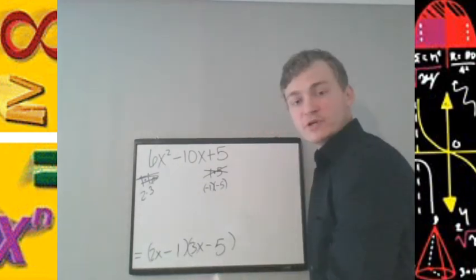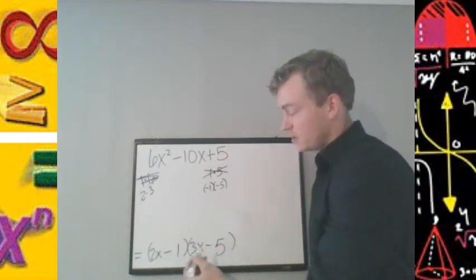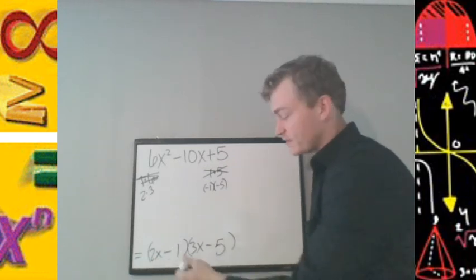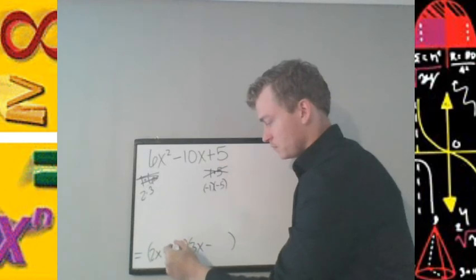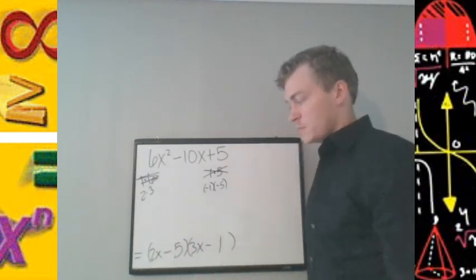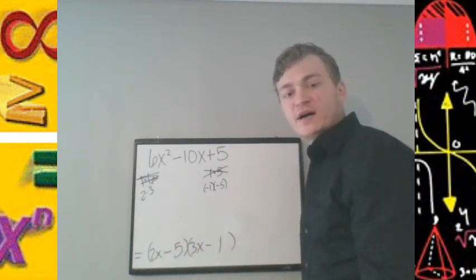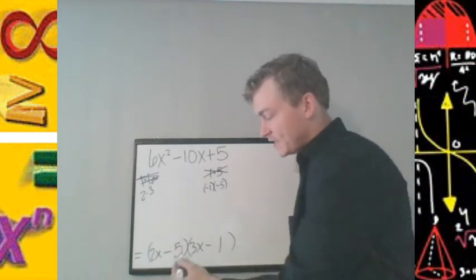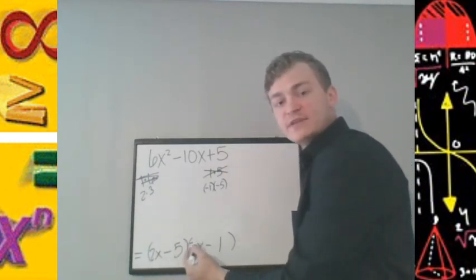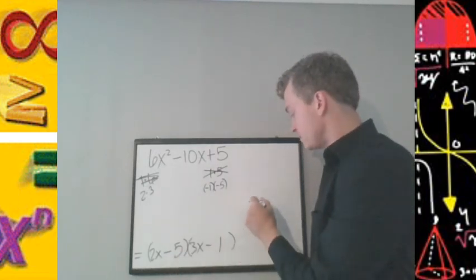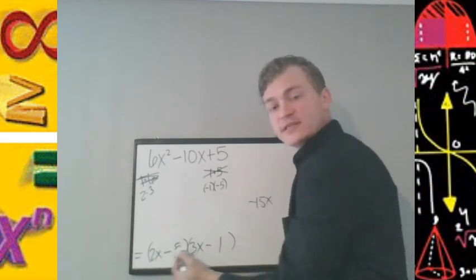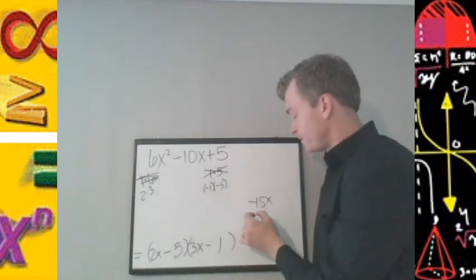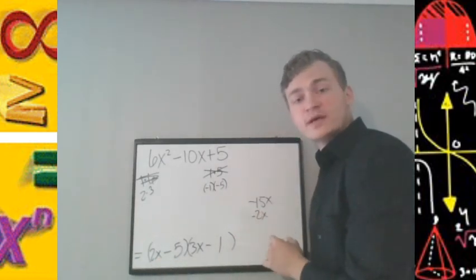So let's go ahead one more time. Last thing we have to check here is switching the minus 1 and minus 5. So now, switching the minus 1 and minus 5, we look at 2x minus 5 multiplied by 3x minus 1, and we see again that our inner product, minus 5 times 3x, is minus 15x. 2x times negative 1 is negative 2x.